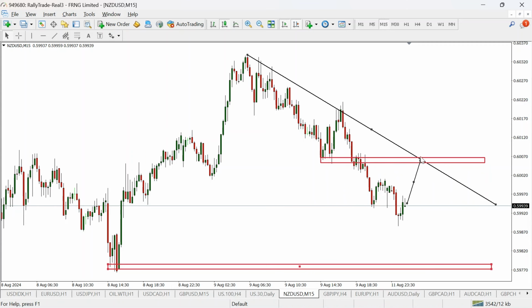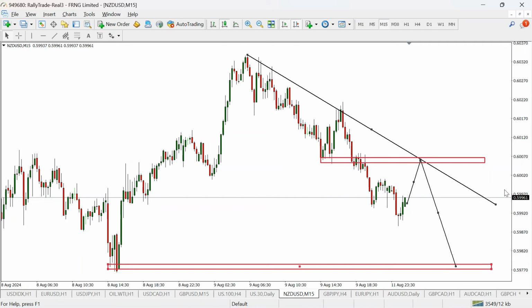If price comes to my resistance or key level and gives me a bearish candlestick, plus this particular trend line, a bearish trend line, so this is four confluences telling me the same thing, which is to sell. So all I need to do is wait for the market to come to this point, give me a bearish candlestick, and I sell back to the downside.